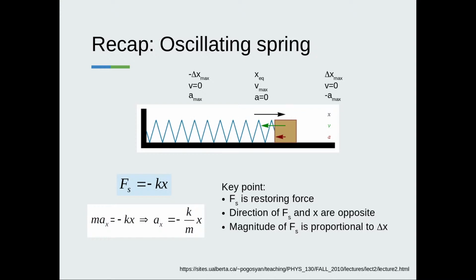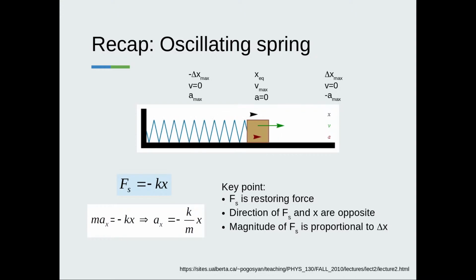And here are the components of the forces in this system. We are using a spring, and that is something that you can apply Hooke's law to. So this is the spring force, and this is minus kx, and k is the Hooke's constant.